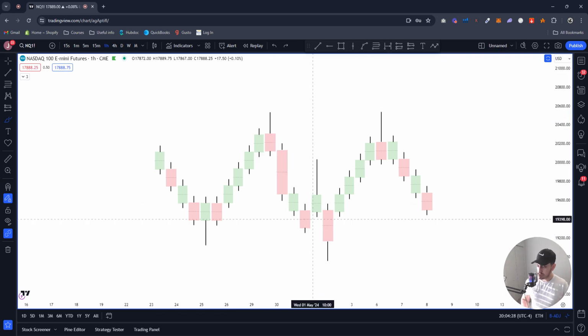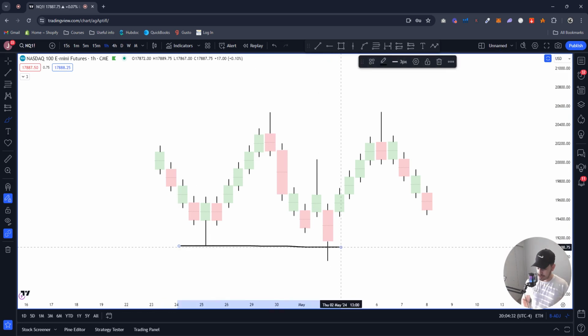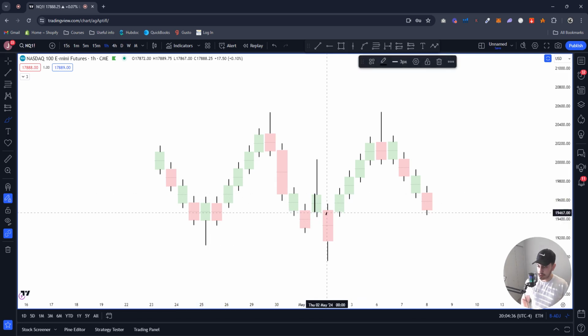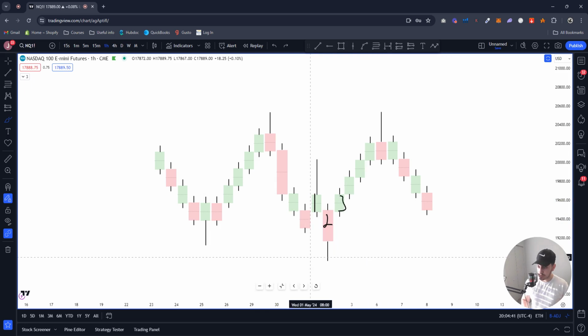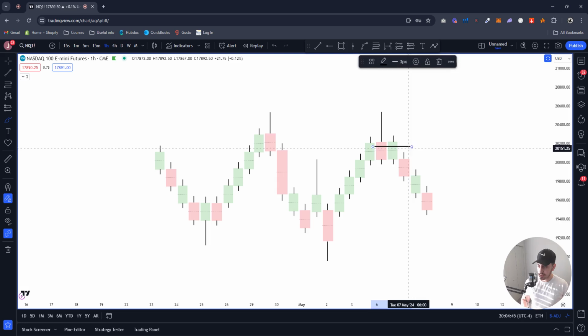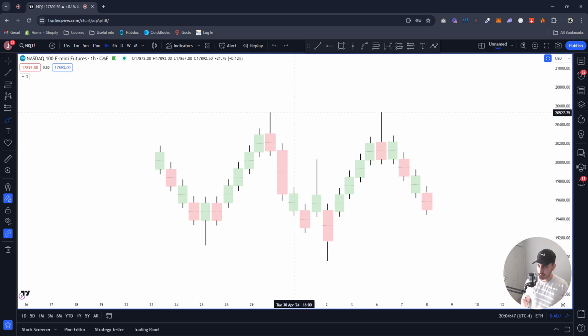Then you notice price comes down here, sweeps this low, and then creates a new swing low off 1, 2, 3 candles, the lowest point right here. So this is your new swing low. Now this comes up again, 3 candle formation, swing high. And guess what? Now we have equal highs.